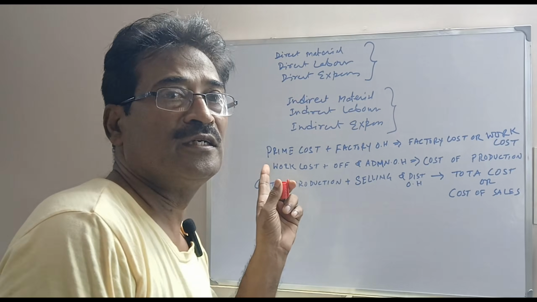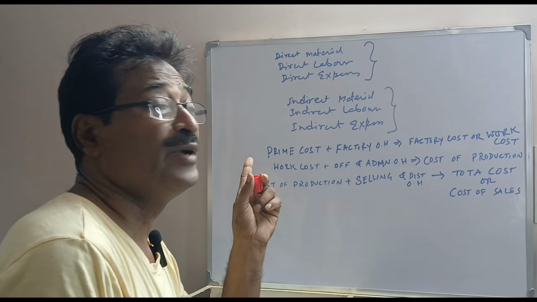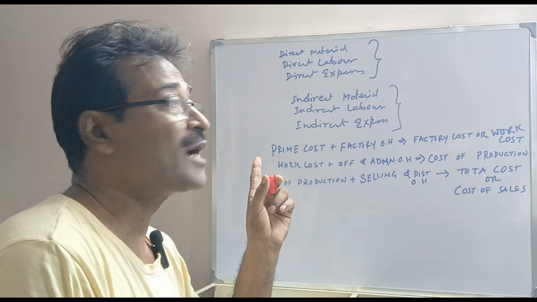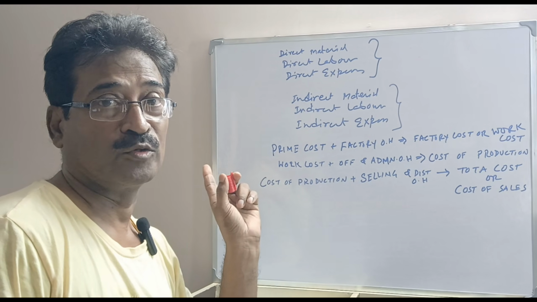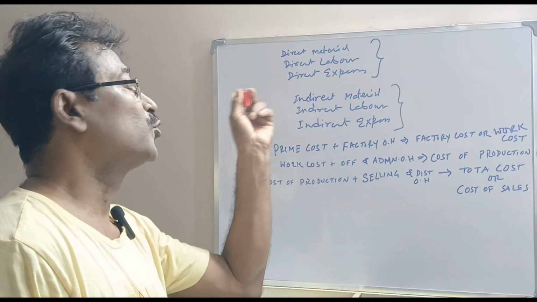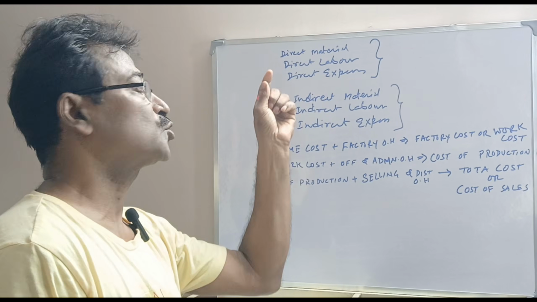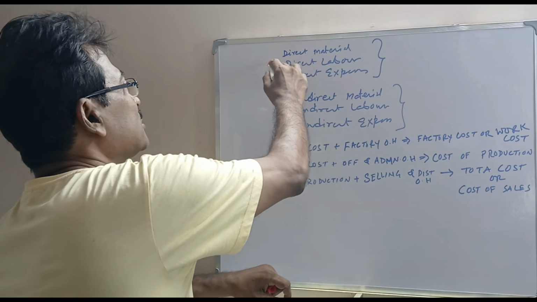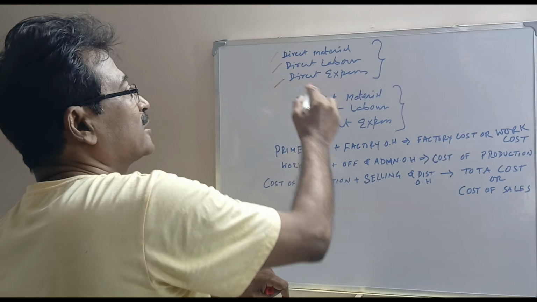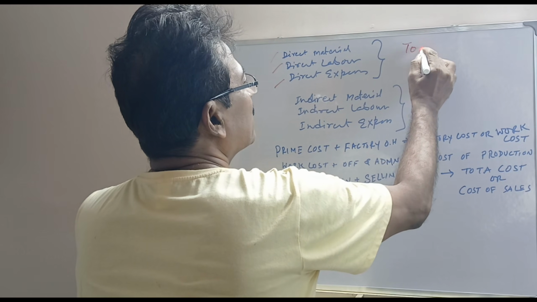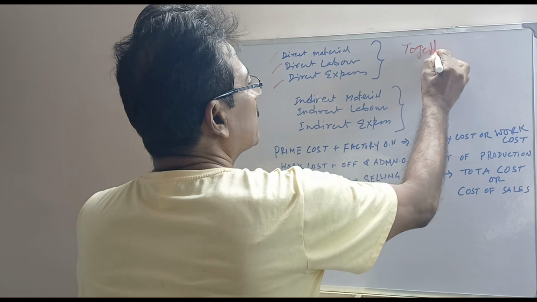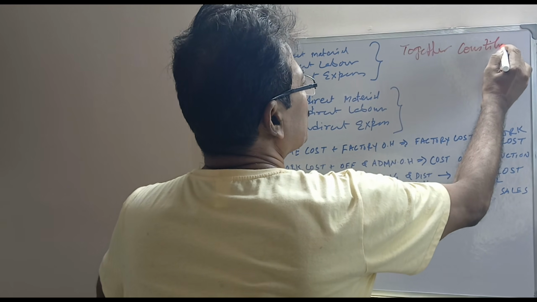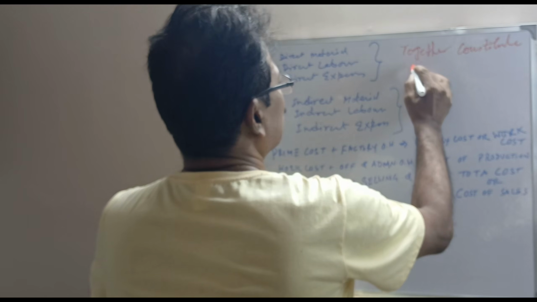By grouping the above elements of cost, total cost of a product can be analyzed as follows. Say direct material, direct labor, and direct expenses together constitute prime cost.